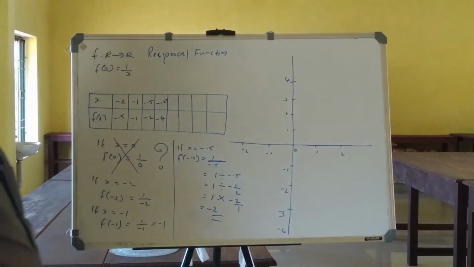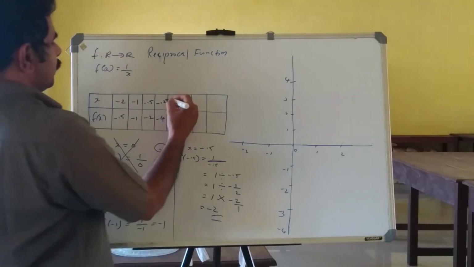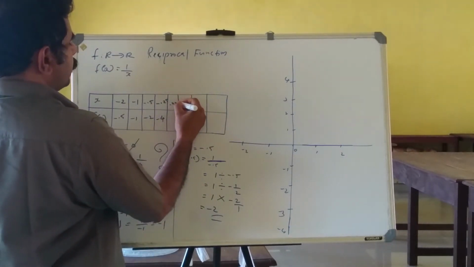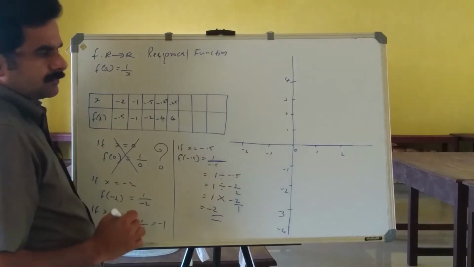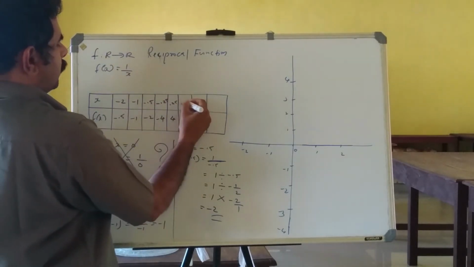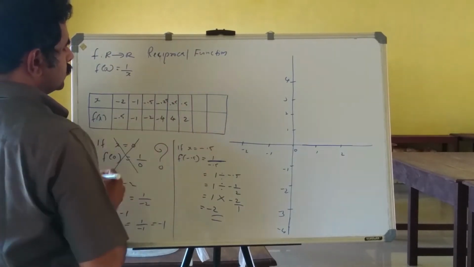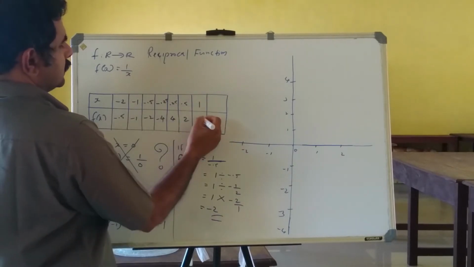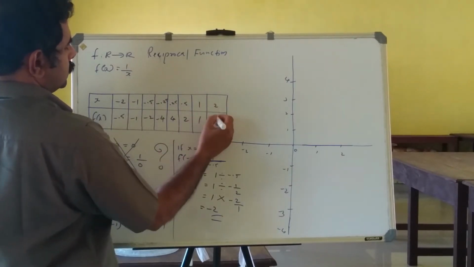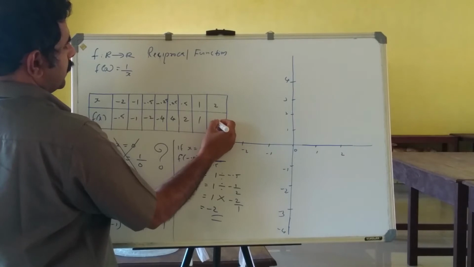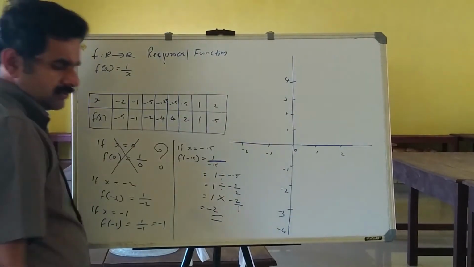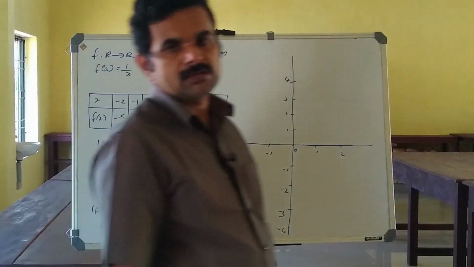Right? Minus 4. Then what will be for plus 0.25? This will be plus 4. Plus 0.5, that is plus 2. Plus 1, that is 1. Plus 2, that is plus 0.5. So all these values are available from the calculator.